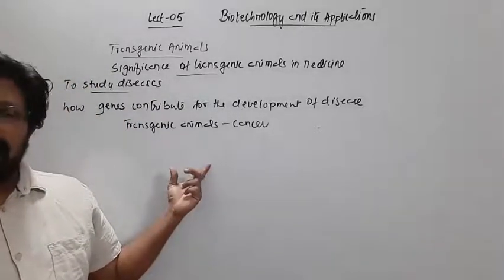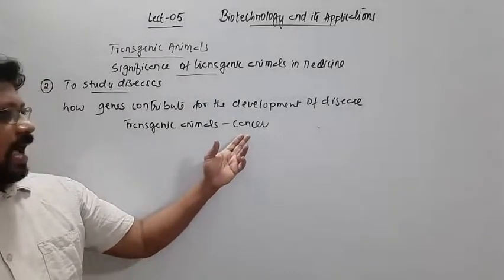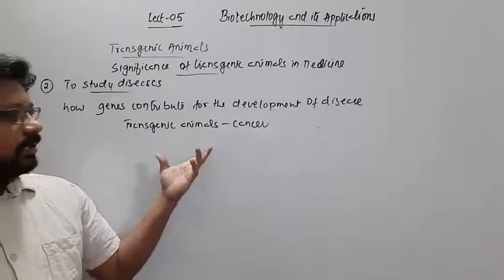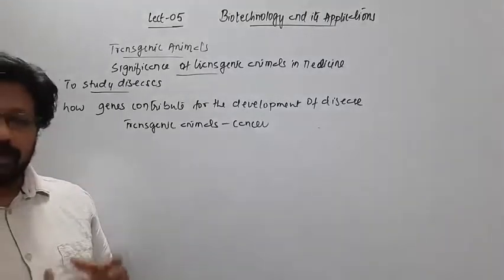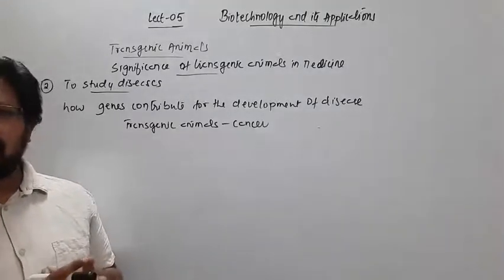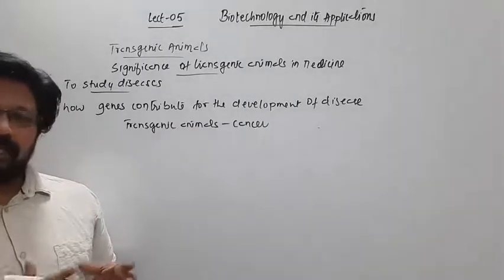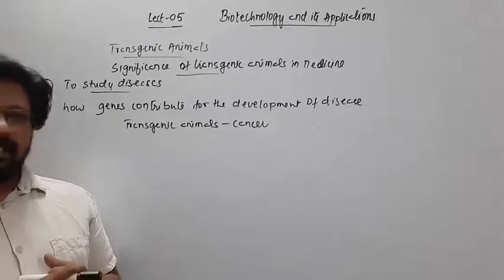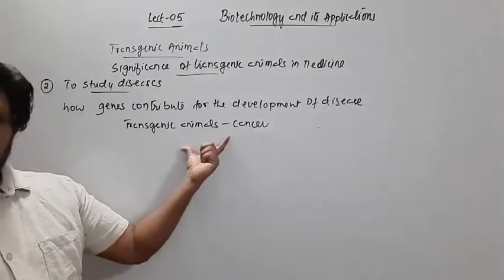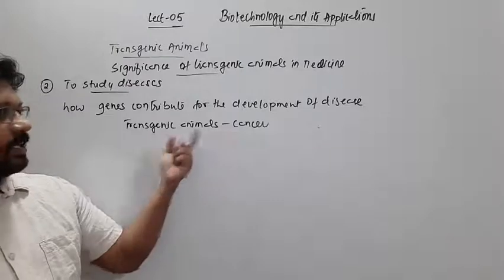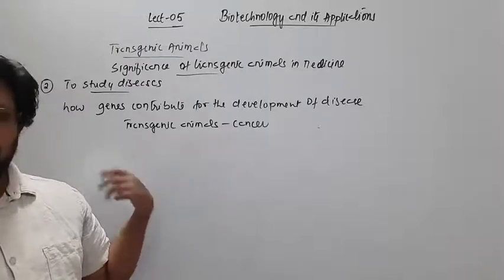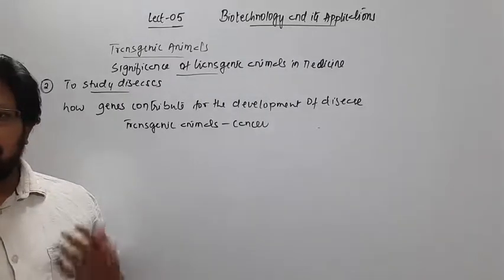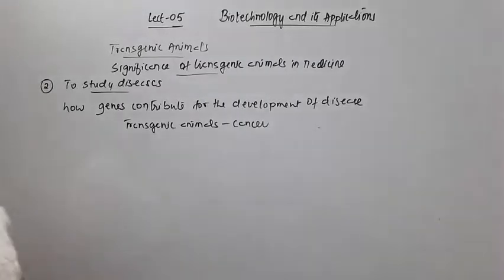Now we made mice that have cancer genes from human beings. Those transgenic animals will be given various types of drugs and medicines, and we will study how those genes are being regulated in those transgenic animals, so that we will find the treatment and solution for these cancers, right?